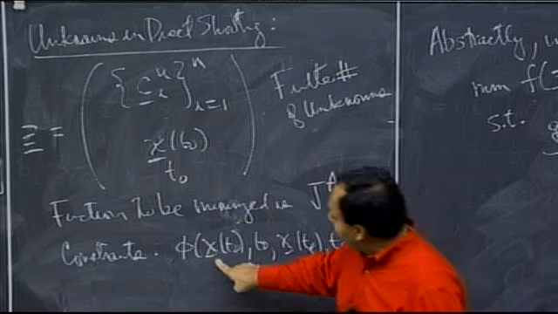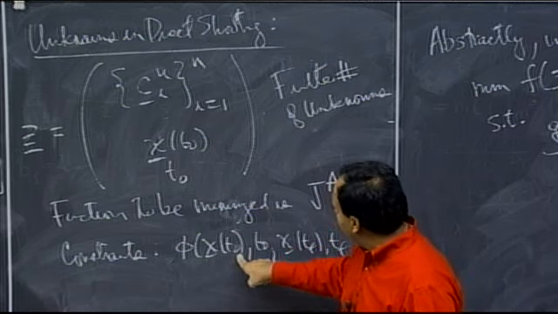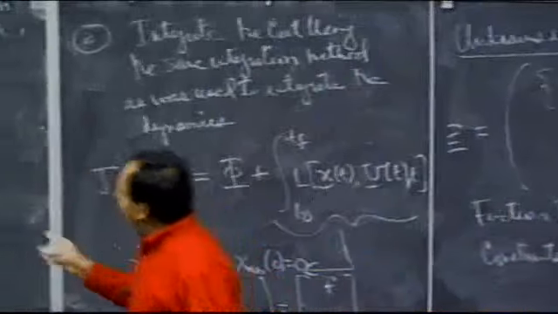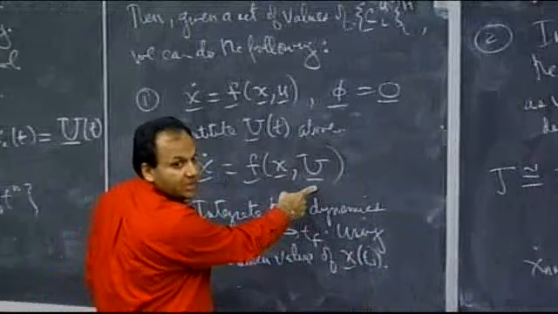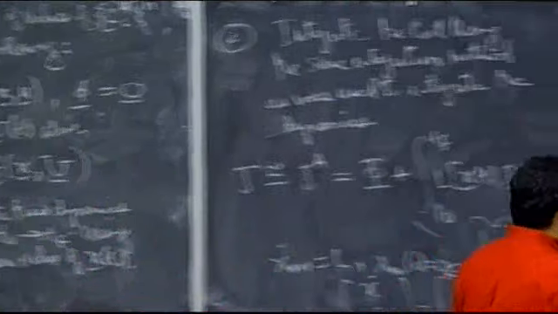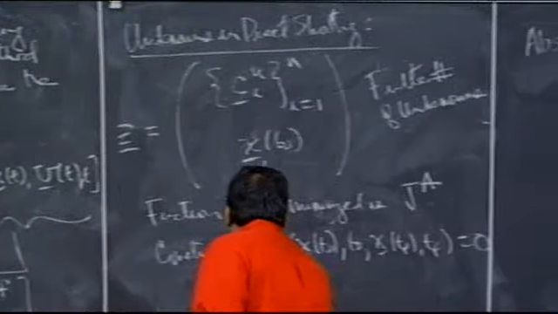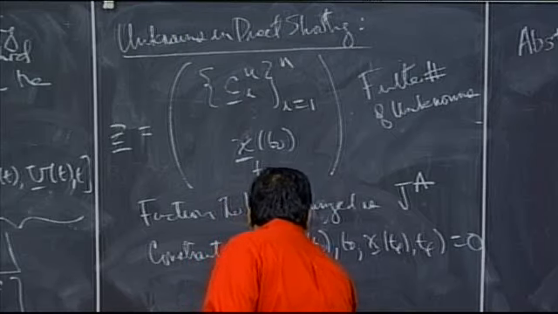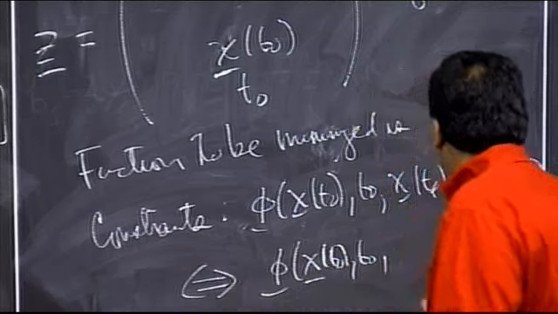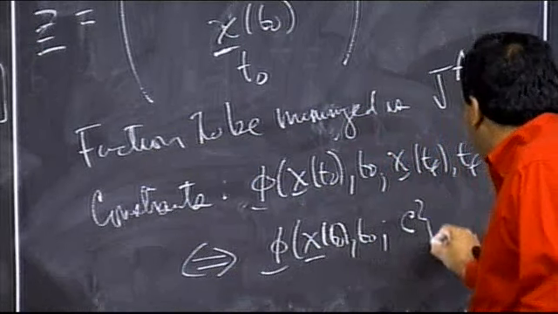Because this is actually a function of x of t0, and it's a function of x of tf, but x of tf is a function of the result of the integration, which is a function of these parameters, right? So everything here is a function. So this thing actually maps to this function phi, which is a function of x of t0, and now it's a function of these parameters C.